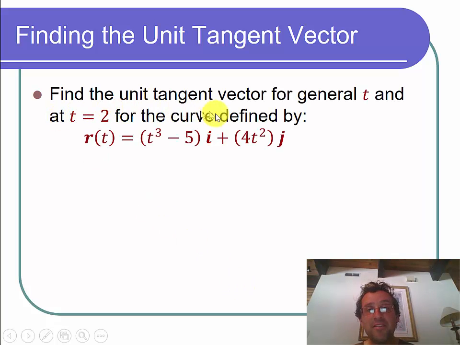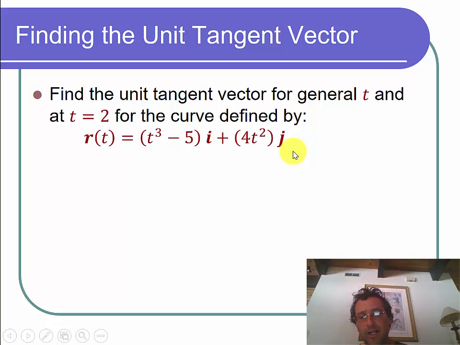Find a unit tangent vector for general t and also at t equals 2 for the curve defined by the vector valued function r of t equals (t cubed minus 5) i plus 4t squared j.